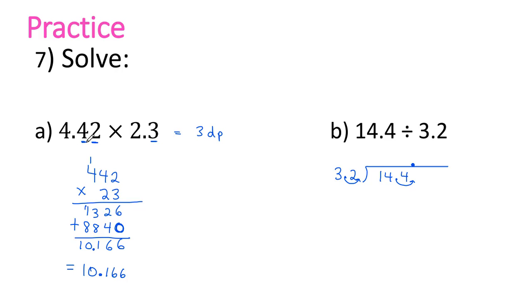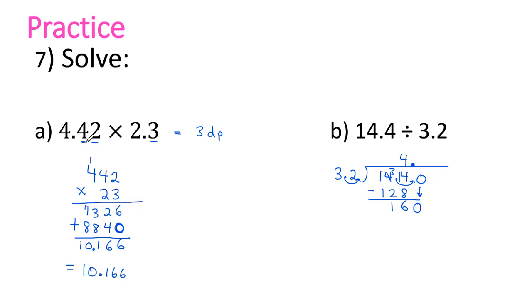32 goes into 144 4 times. 4 times 32 is 128, and we'll subtract that, leaving us with 16. We add a 0 in because our goal is to get to a 0 remainder.